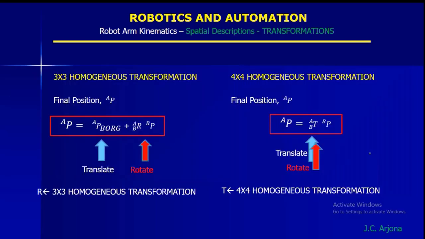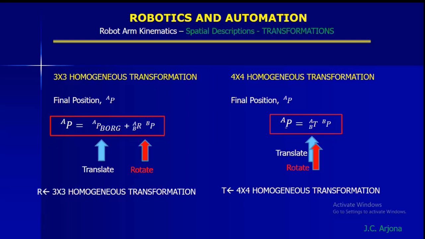In summary, we will have here the 3x3 homogeneous transformation. The final position can be obtained by P to A is equal to PBORG to A. This is to translate. And for rotation, that is RB to A times P to B. So this is our 3x3 homogeneous transformation. How about for the 4x4?